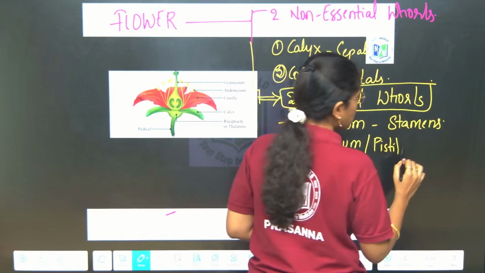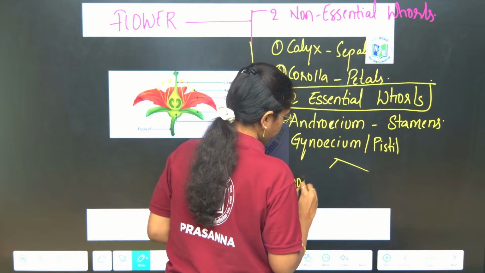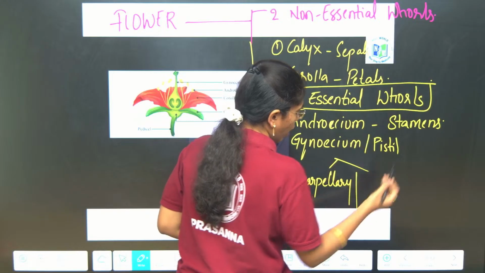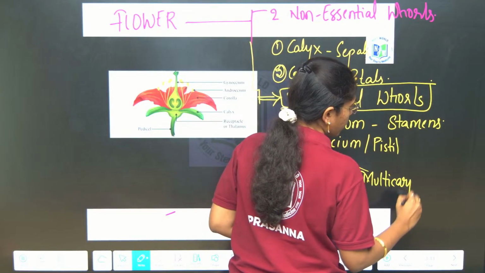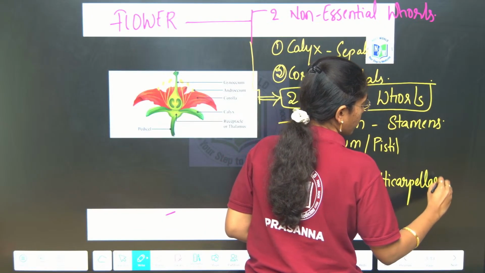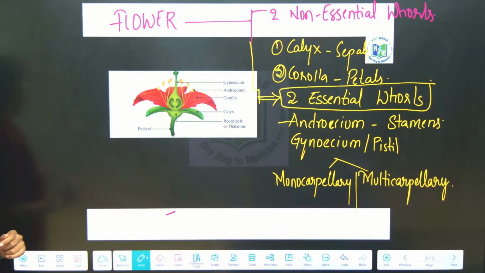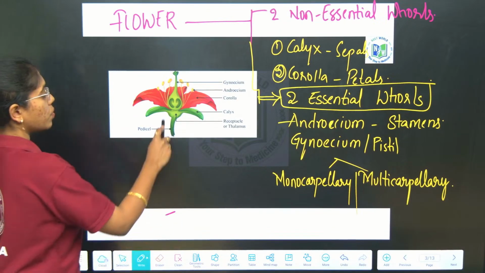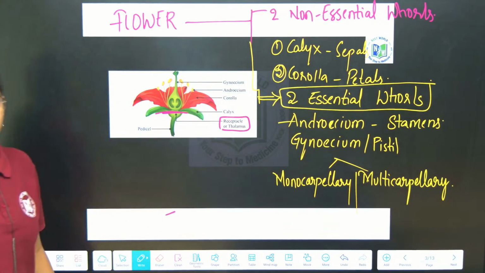Okay. It has carpels. It can be monocarpellary or multicarpellary. Fine, right? Okay. So, this is about the flower description. The entire floral parts of the flower are situated above the thalamus, which is also known as receptacle. Clear?